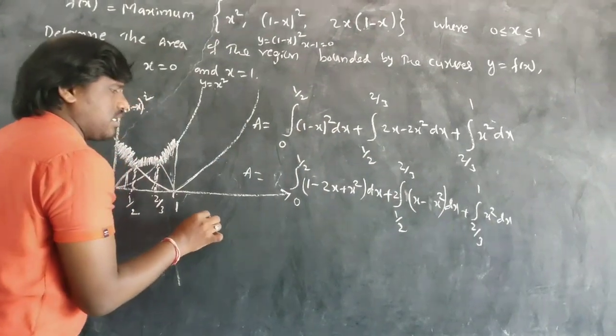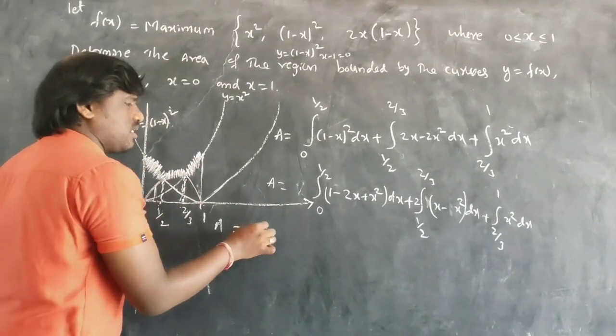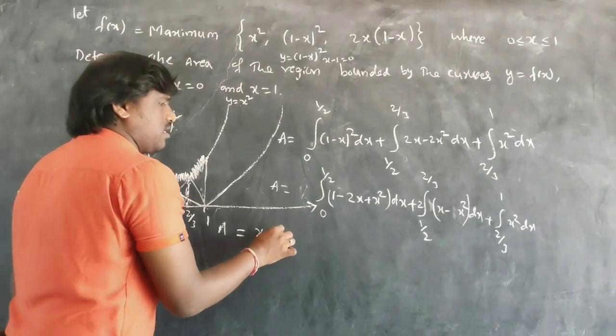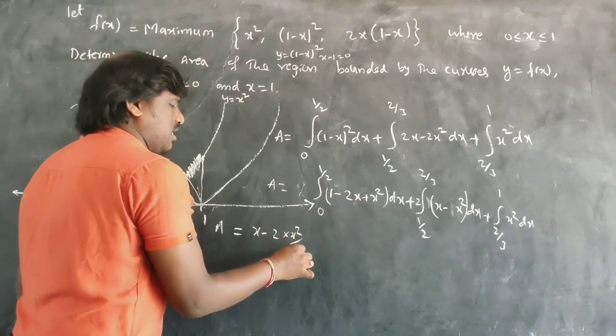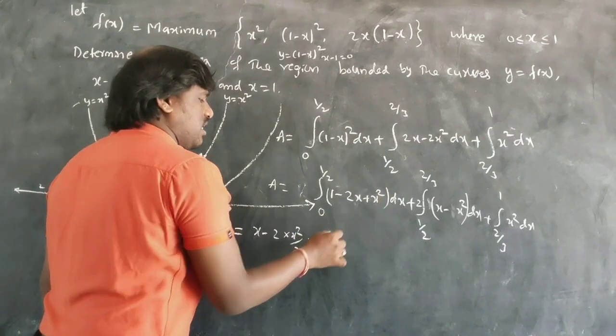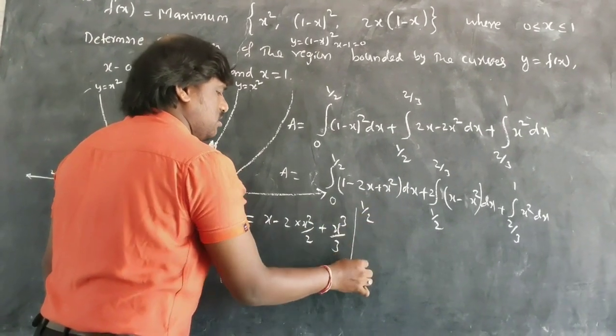So what I get here now, area is equal to, first the integration of 1 is x, minus 2 into x square by 2, and plus x square integration is x cube by 3. Substitute half and 0.